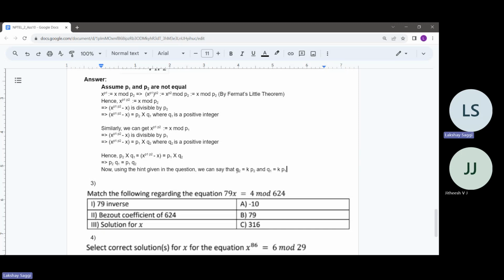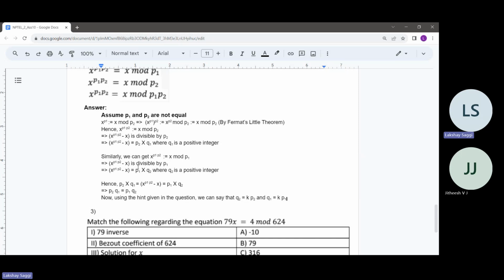And now how does this help us? This may seem very arbitrary, like why are we using this hint and doing something like this? It helps because now we can replace Q2 here with K times P2, so we'll have K times P1 times P2.